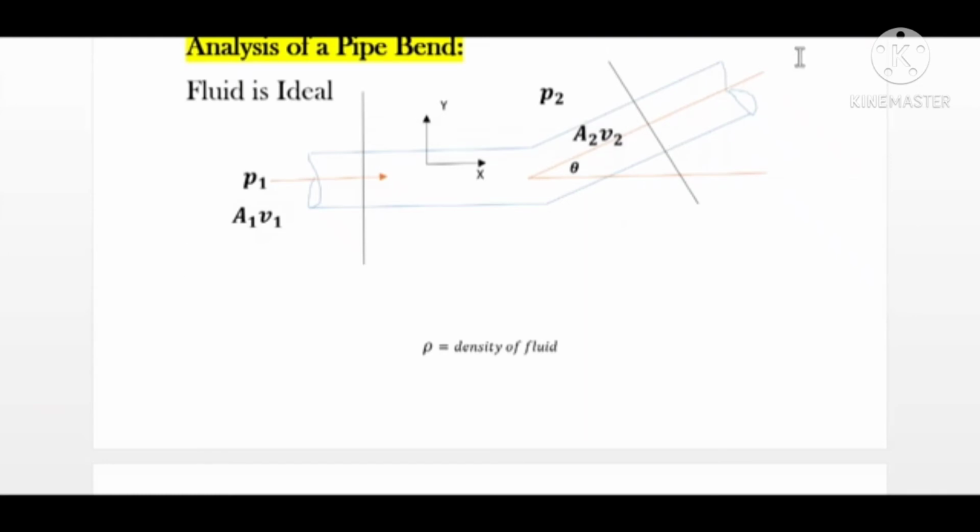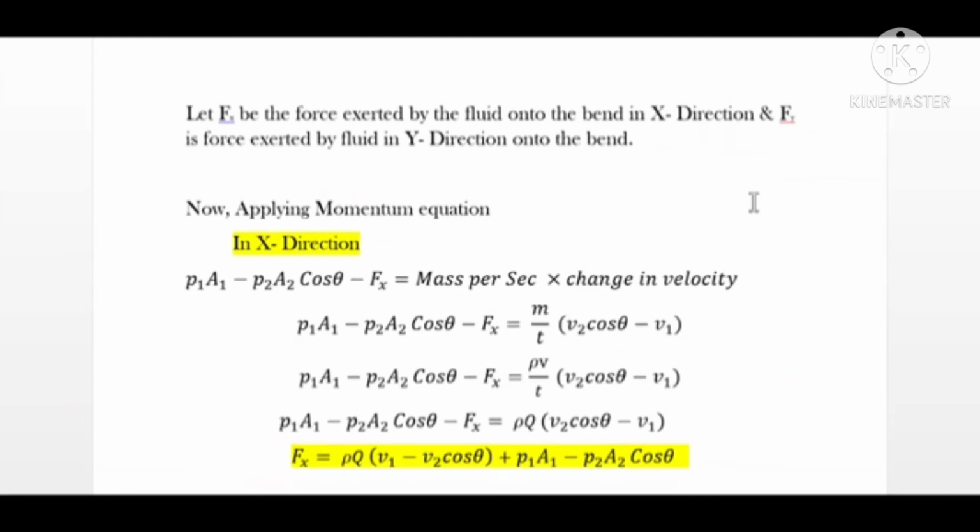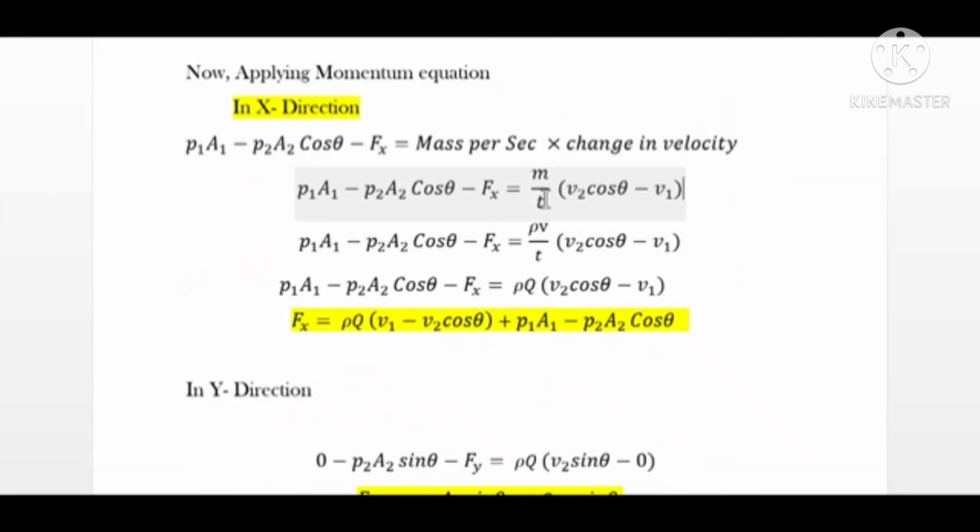Velocity is in this direction, and the component of velocity along the x direction will be along the positive x direction. That's why we have written positive v2 cos theta minus v1. That gives the change in velocity, and we have multiplied it by mass per second.